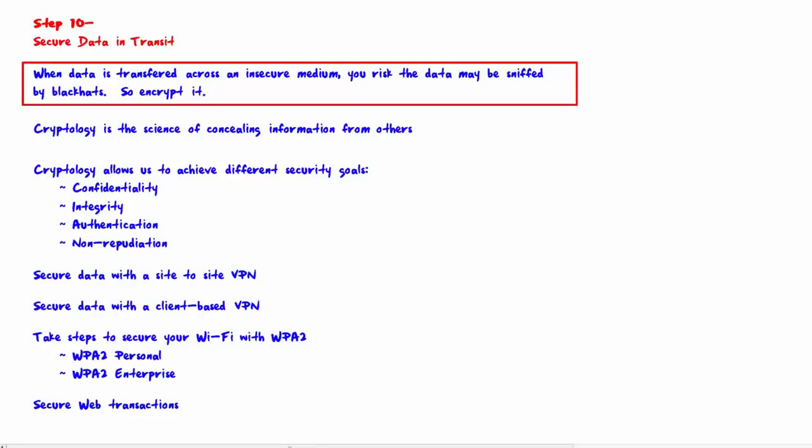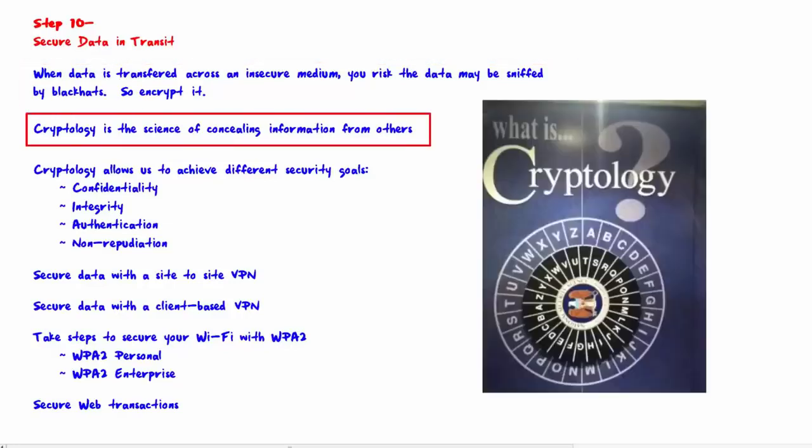To secure the data, the sender must encrypt it while it is crossing the insecure medium, and then it must be decrypted by the receiver. Cryptology is the science of concealing information from others.